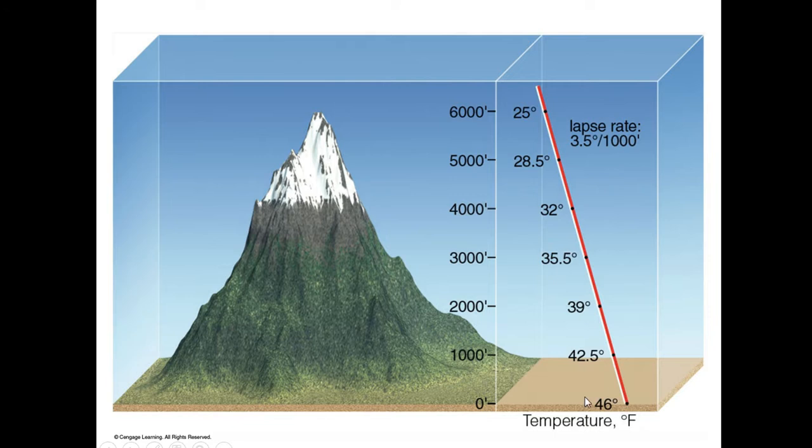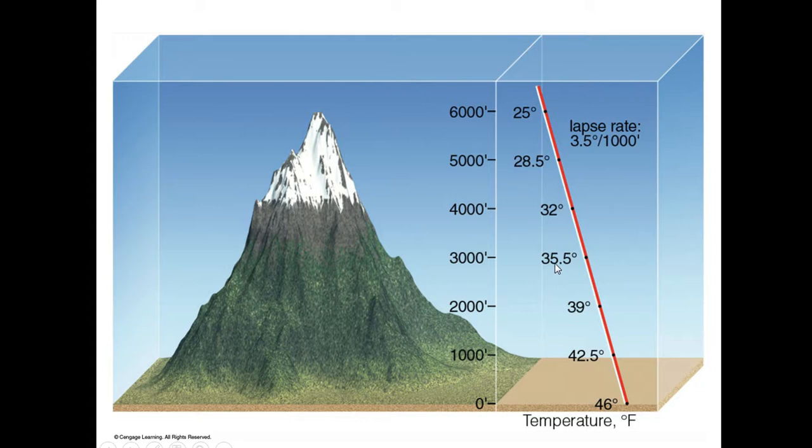So here at the surface, the temperature is 46 degrees, so it's pretty cool at the surface here. But over the first 1,000 feet, that temperature drops 3.5 degrees. So now we're down to 42.5. We drop another 3.5 degrees after another 1,000 feet, and we get to 39.